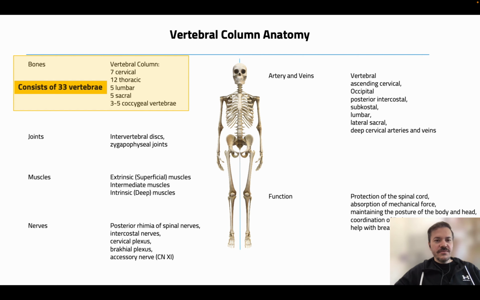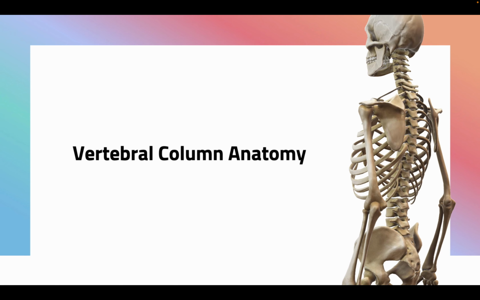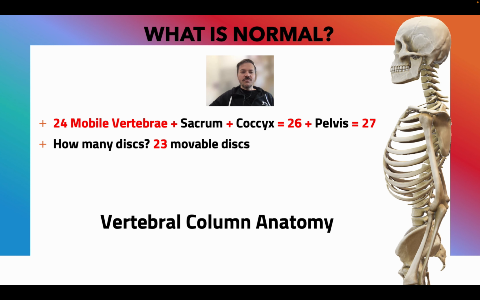So let's start with what is normal for the vertebral column. As you may know, the vertebral column consists of 33 vertebrae: 7 cervical vertebrae, which is actually a constant number for mammals, 12 thoracic, 5 lumbar, 5 sacral, and 3 to 5, normally 4, coccygeal vertebrae. When we say what is normal, we have 24 mobile vertebrae, as I just stated, plus the sacrum and coccyx.